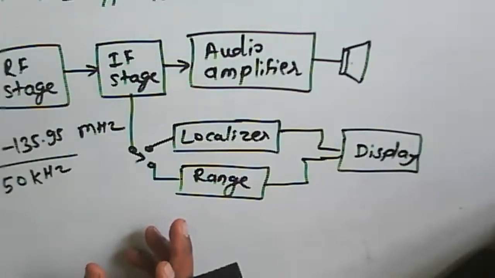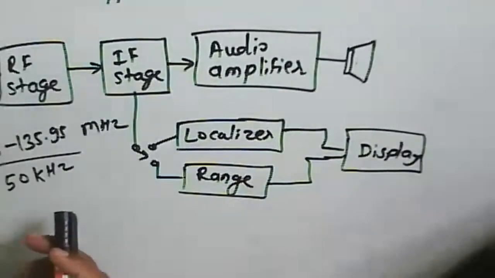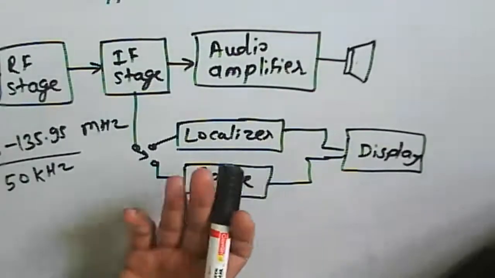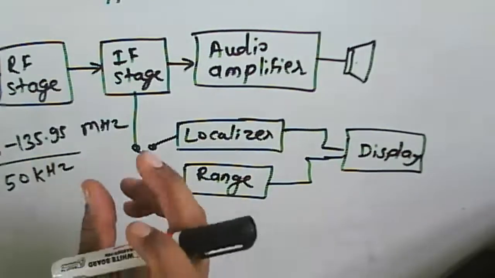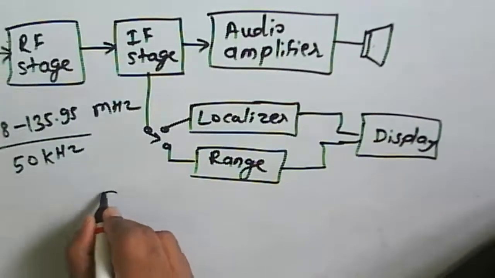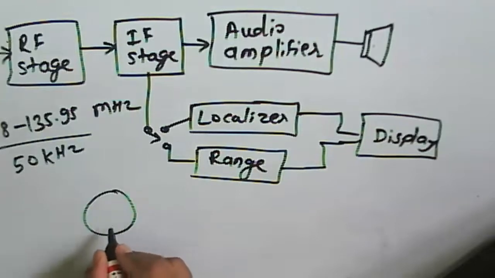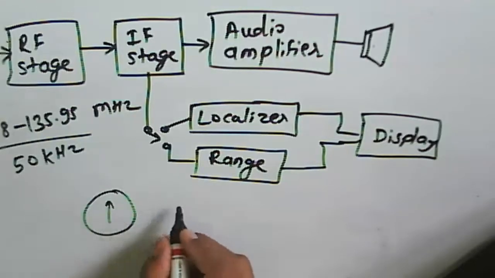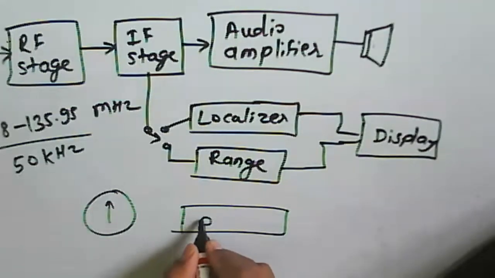Mostly if you consider any aircraft cockpit, it receives the VOR frequency, and then that will be observed on the display devices. So we can have an indicator there, and then it will provide you the position. And it has a frequency device, so we can vary this particular frequency and display it on the display devices.